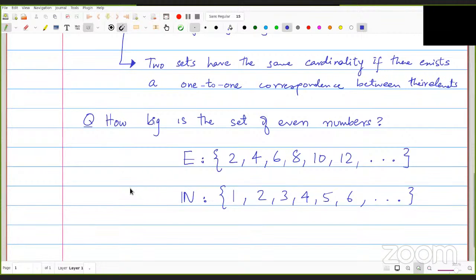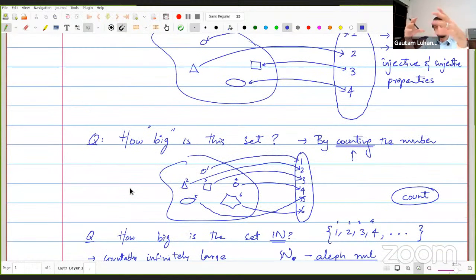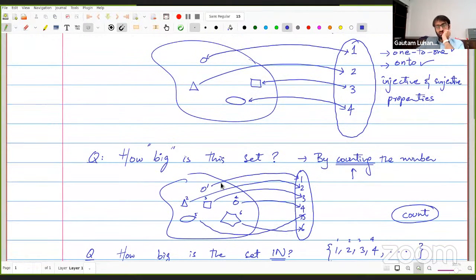From a simple perspective, if we were to use the intuition that we have from the finite set, which is that if I were to remove, let's say, this object right here and this object right here, I subtracted two elements from the set, and what I get now is a smaller set.